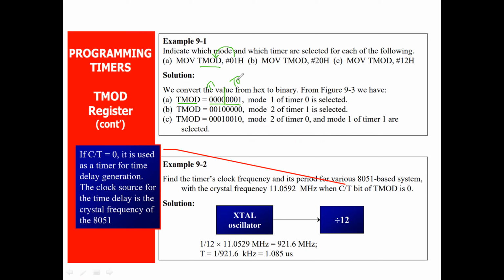So you can use any timer, but you must be specific about which one you are going to use. As of here, I can say that my timer 0, that is this portion, is acting in mode 1.